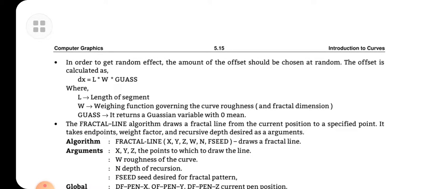To get the random effect, the amount of the offset should be chosen at random. The offset is calculated as dx = L times W times gauss, where L is the length of the segment, W is the weighting function governing the curve roughness, and gauss returns Gaussian variables with zero mean.